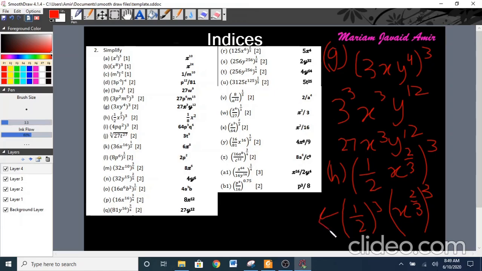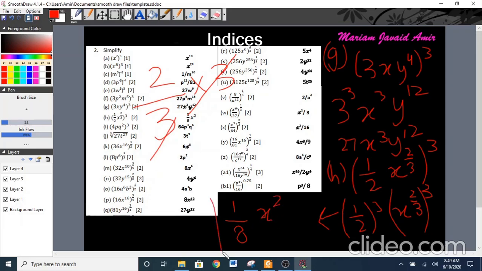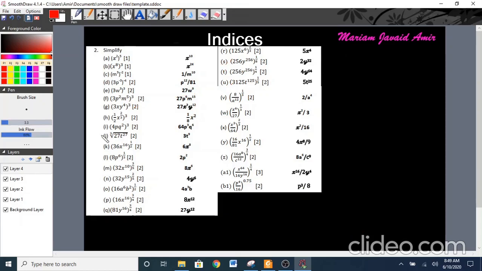So 1 cube is 1, 2 cube is 8, then here we're getting 2 by 3 times 3. So what is 2 by 3 times 3? That is simply 2. So we get x square. So this is the answer for part G, sorry, part H.